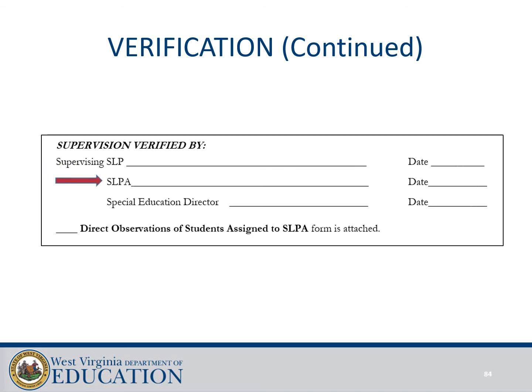The SLPA signs and dates the form, indicating that they have received the supervision that you're verifying and that they have their 12 professional development hours. And finally, the special education director must sign and date the form.